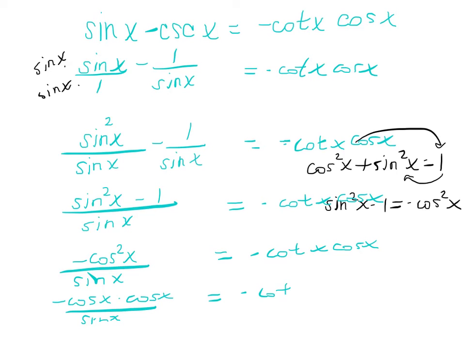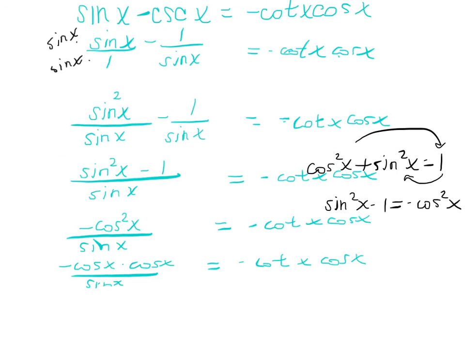So this is still negative cotangent x cosine x. And so then negative cosine over sine, I can just write as negative cotangent. That's what this part has changed to. So all of this became negative cotangent. And then that just leaves me with a cosine x. And that's exactly what I have on the other side. So that identity, again, has been verified.